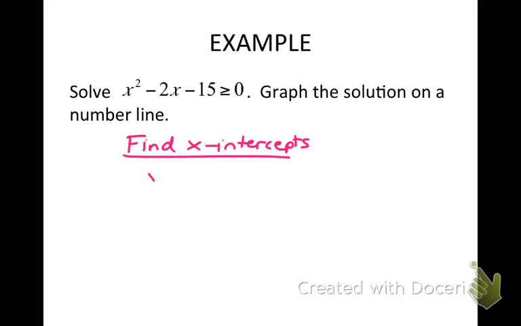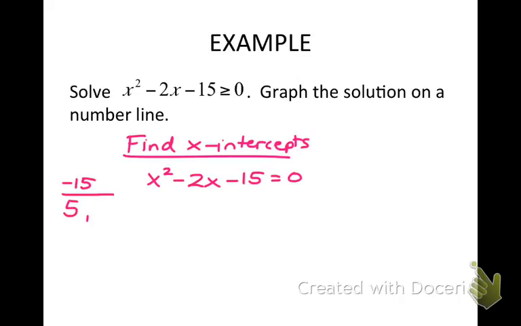To do that, we're going to set our quadratic equal to 0. Let's first ask ourselves, is that factorable? Are there factors of negative 15 that add up to negative 2? Yes, 5 and 3.